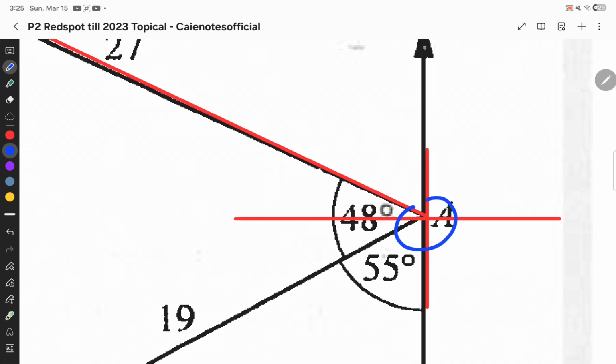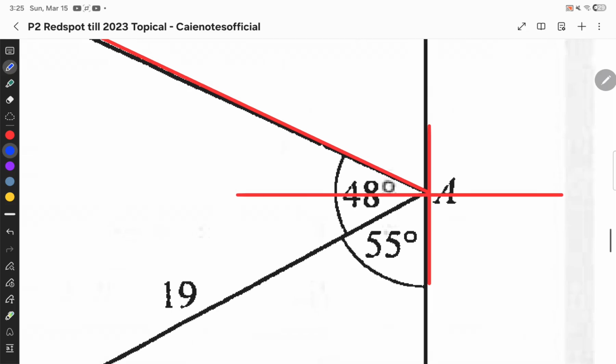Now, you can do 90 plus 90, but we come to a problem. What is this? Well, we can calculate it by gathering this whole angle. We can sum 48 plus 55. Done. Since these two cover this sector, we don't need to recalculate it with 90 again.